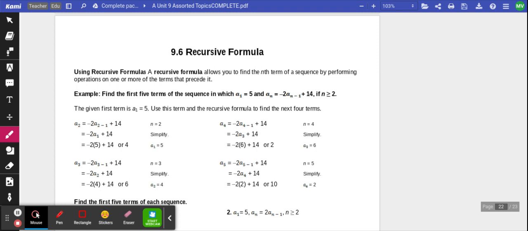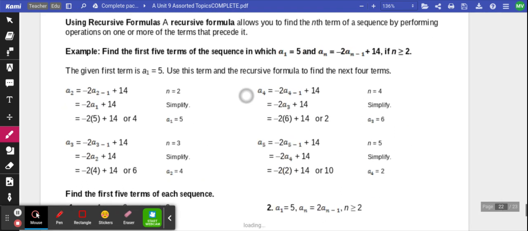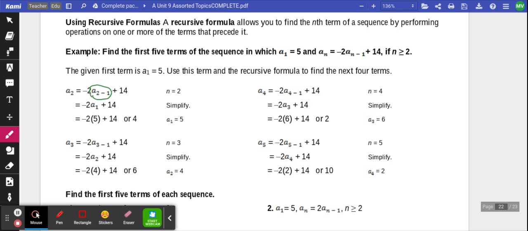When we're doing a sub 2, we substitute 2 and get a sub 2 minus 1, and this means the answer before. So a sub n minus 1 always means the answer before. Our answer before was 5, so we do -2 times 5 plus 14, which is 4.